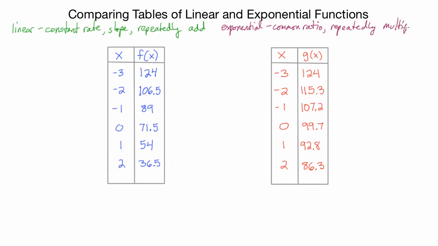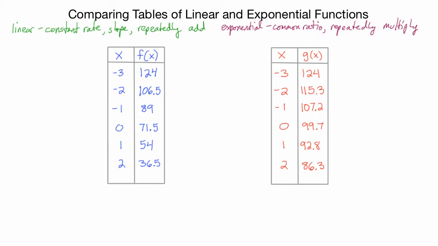So exponential is all about multiplying. Linear is repeatedly adding. So if you want to tell the differences, look for the table that is repeatedly adding the same thing. And for exponential, look for the table that's repeatedly multiplying by the same thing.